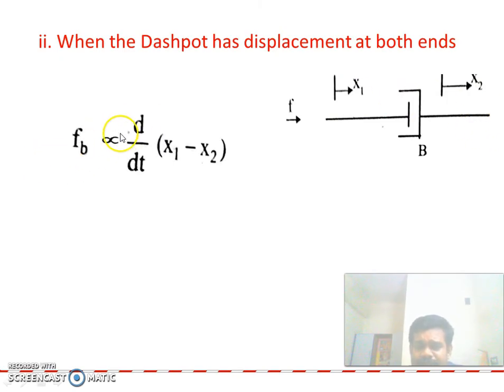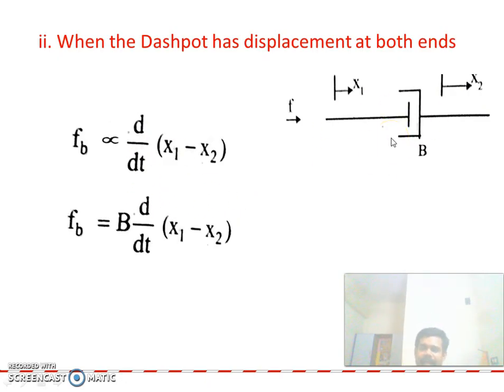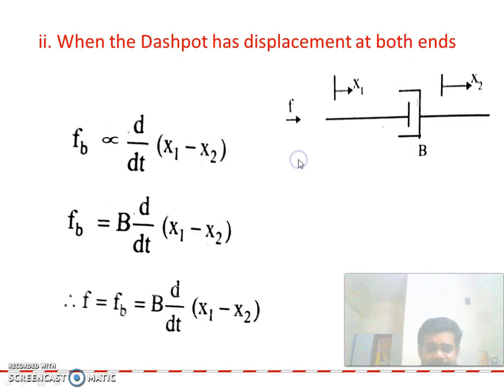So F_b is proportional to d by dt of x1 minus x2. Removing the proportionality sign, F_b is equal to capital B into d by dt of x1 minus x2. By Newton's second law, applied force is equal to opposing force. So F is equal to F_b is equal to B into d by dt of x1 minus x2.